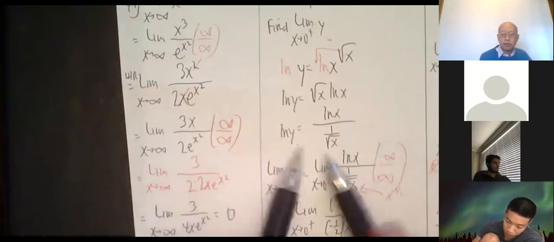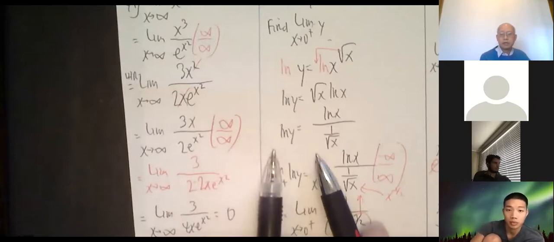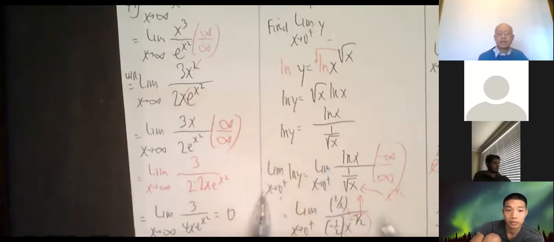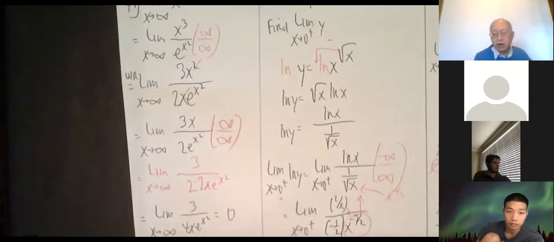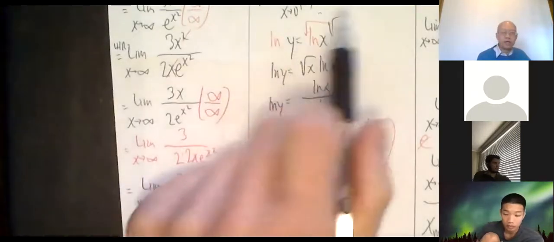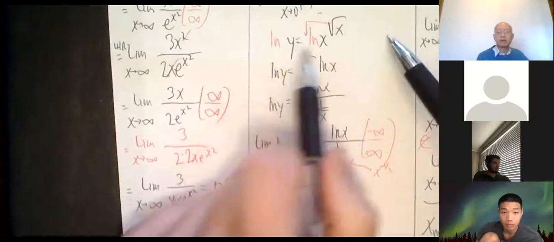Okay, so think of it as, right now I haven't done anything, right? ln y equals ln x over 1 over radical x. Take the limit as x approaches 0 from the right of both sides. So we're adding to our bag of tricks from Algebra 1. In Algebra 1, you had an equal sign and you'd say, okay, add the same thing to both sides, subtract the same thing on both sides, and so on.